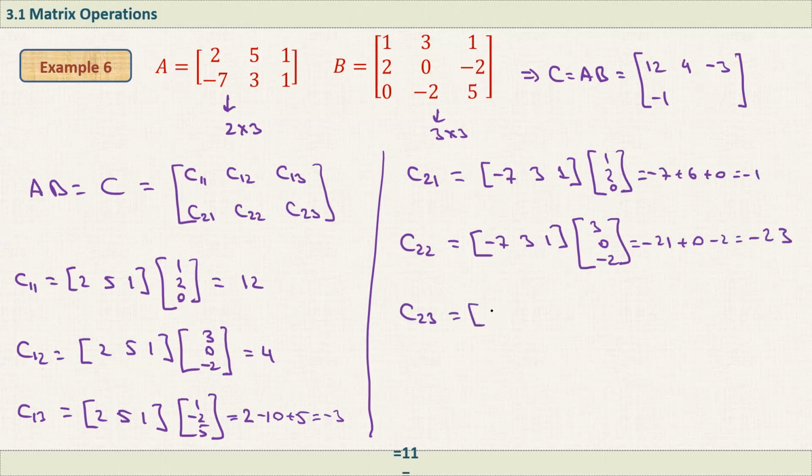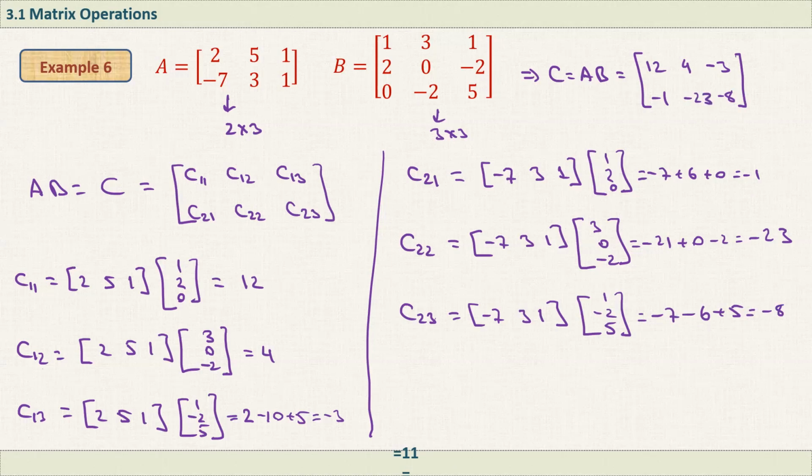Again the second row, negative 7, 3, 1, multiplied by the third column, that is 1, negative 2, 5, which is 1 times negative 7, negative 7, 3 times negative 2, negative 6, 1 times 5 is plus 5, which is equal to minus 13 plus 5, minus 8. So the entries in the second row will be -1, -23, and -8. These are the entries of the product C.